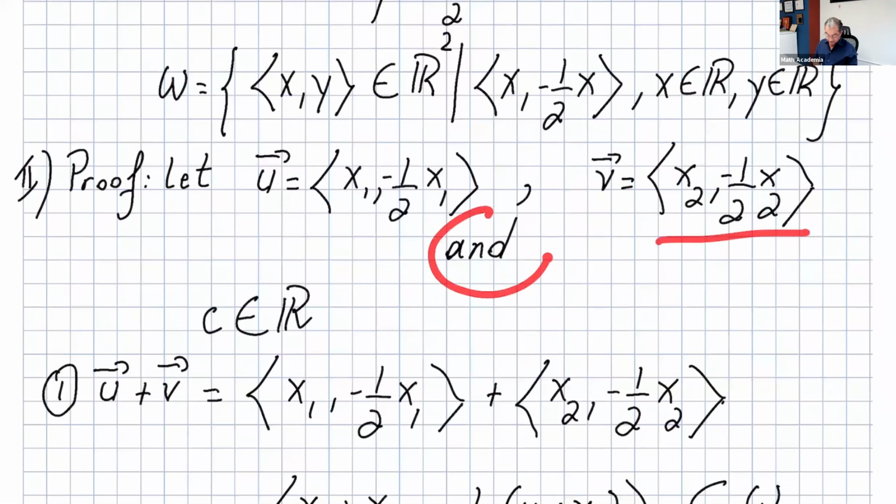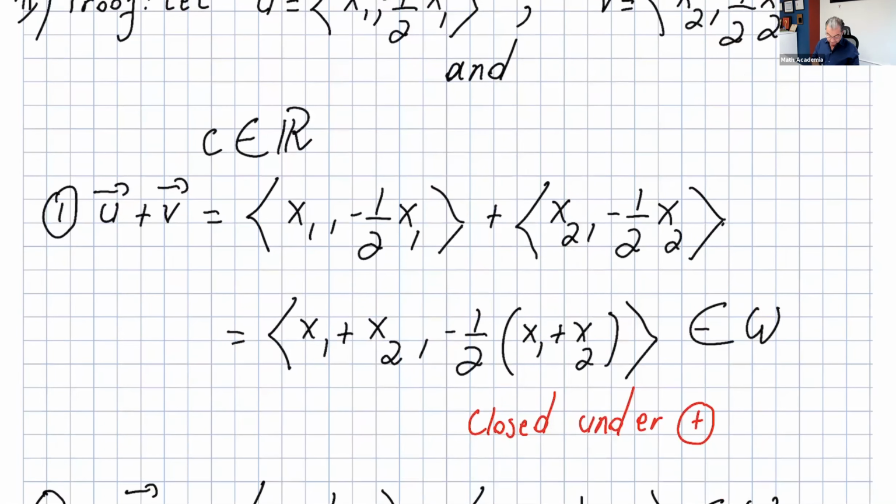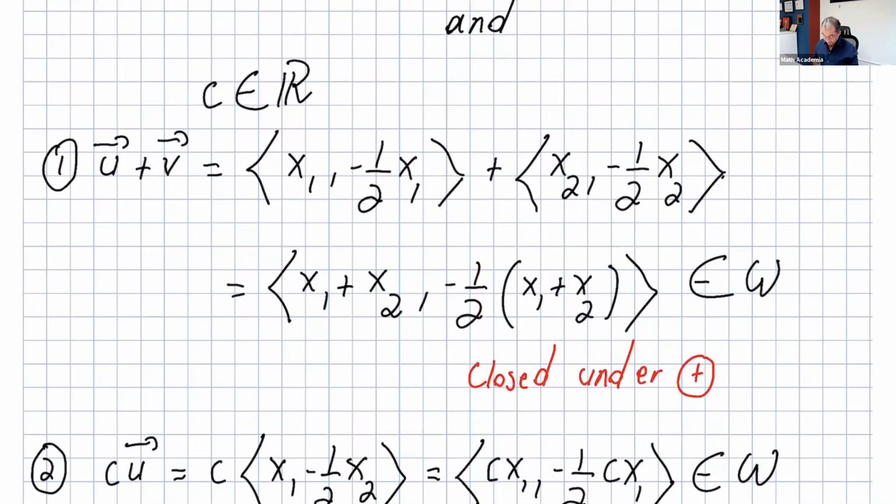And of course we have our scalar here, c, the constant, which is a real number. Vector addition, u plus v, is going to give us pretty straightforward x1 plus x2, that's the x component, and negative 1 over 2 x1 plus x2, that's the y component.